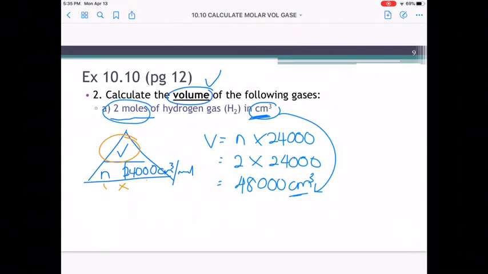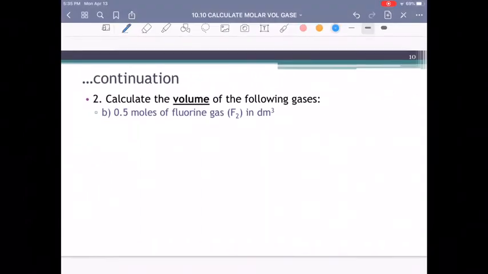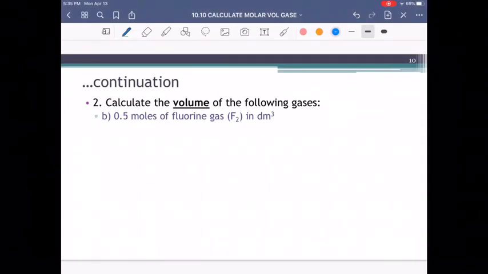Next, part B. Again, please note down, volume is V, number of moles is n, and you want it in dm³.